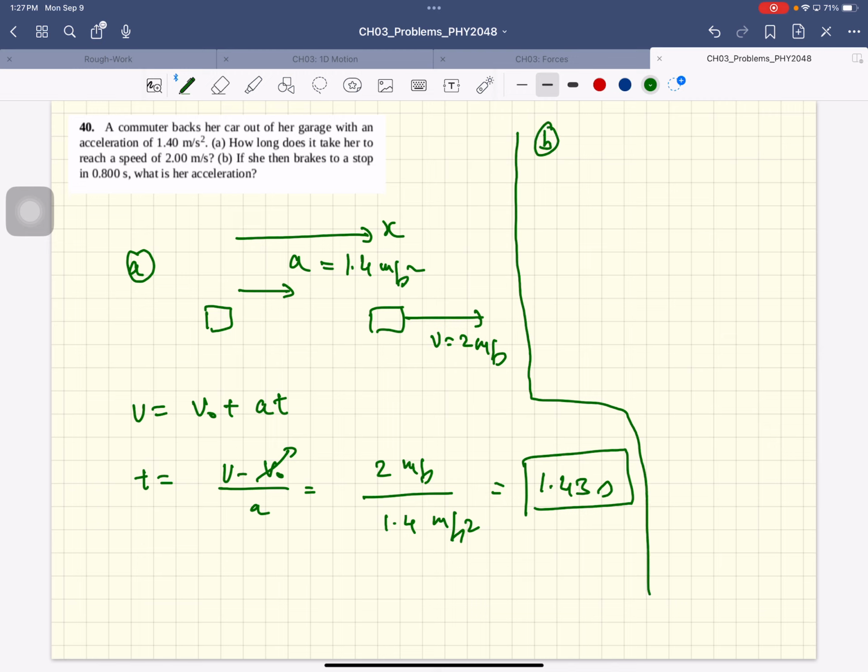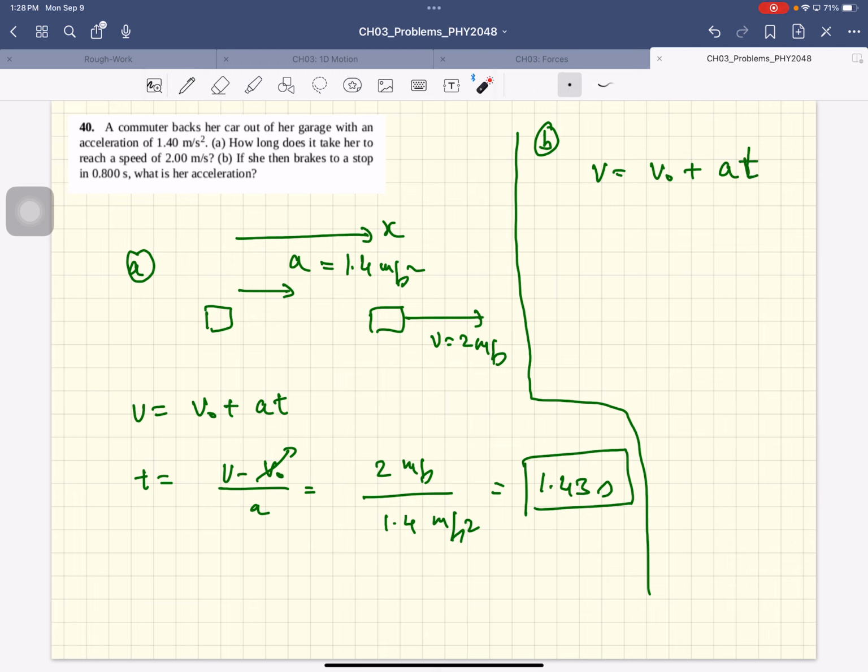Now part B says if she then brakes to a stop in 0.8 seconds, what is her acceleration? So she's going at 2 meters per second, and then she sees something and she's got to stop real fast.